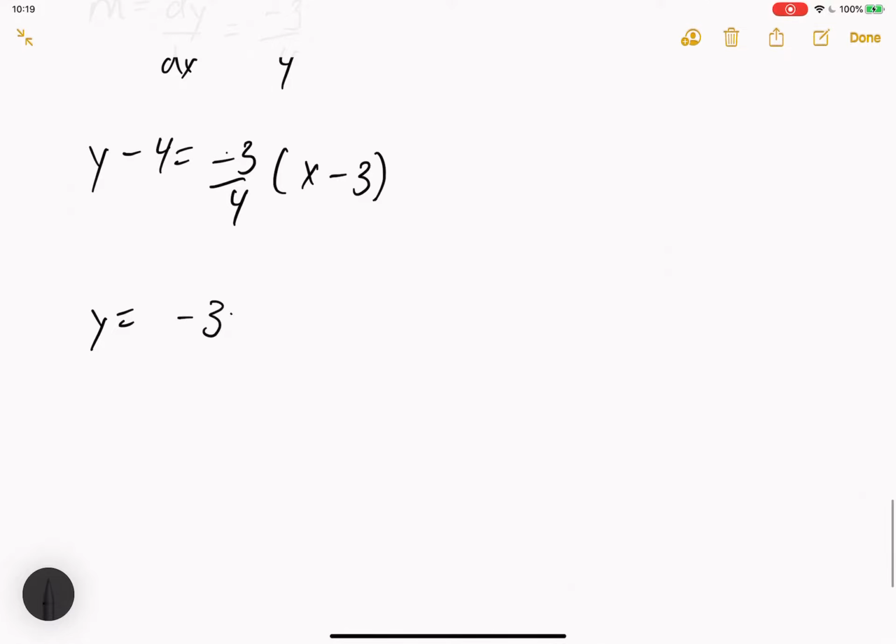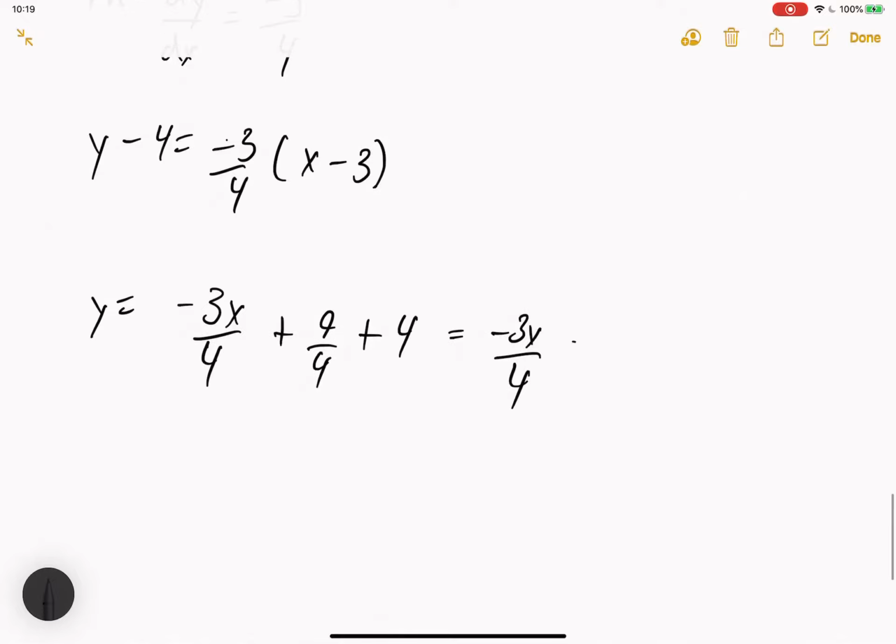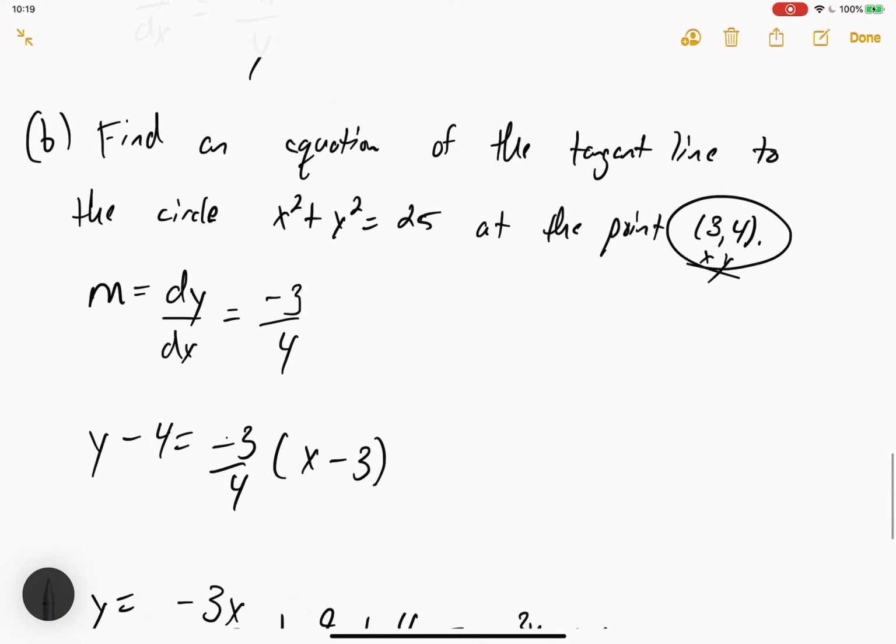Negative 3x divided by 4 plus 9 divided by 4 plus 4, that's going to be equal to negative 3x over 4. Let's see, 4 times 4 is 16, plus 9 is 25, so plus 25 over 4. All right, perfect. So that's the equation for the tangent line of the circle x squared plus y squared equals 25 at the point (3, 4).